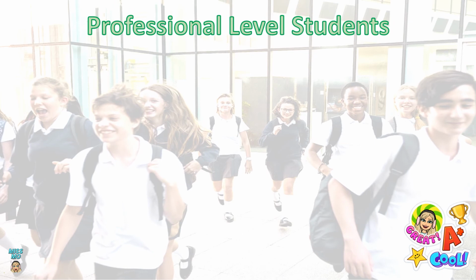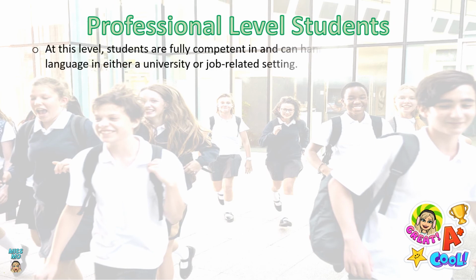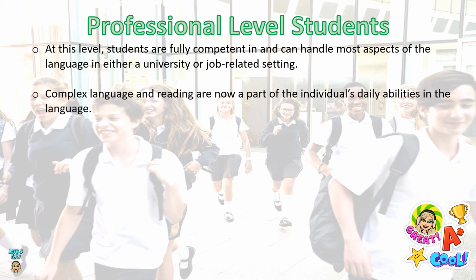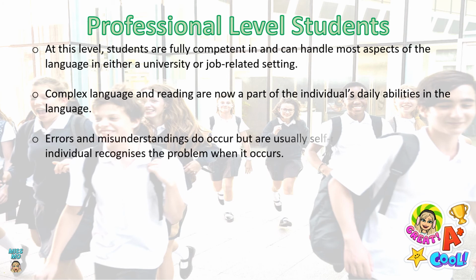The professional level students. At this level, students are fully competent in and can handle most aspects of the language in either a university or job-related setting. Complex language and reading are now part of the individual's daily abilities in the language.